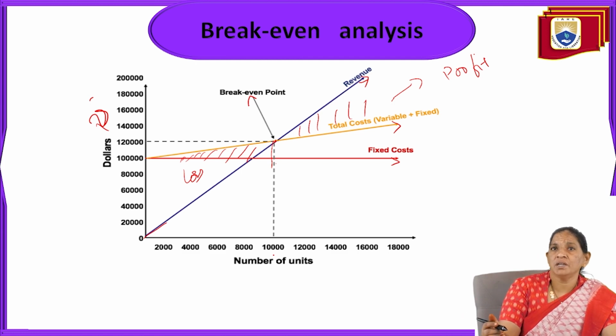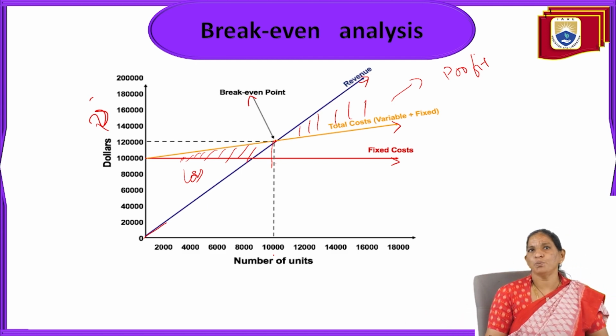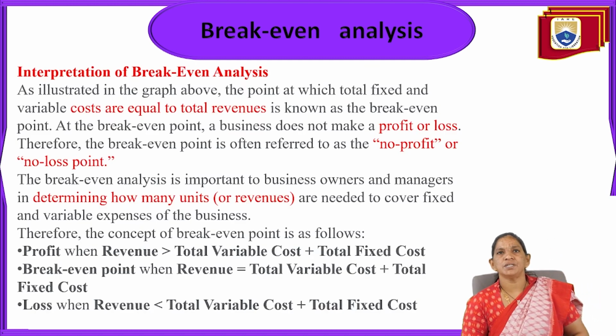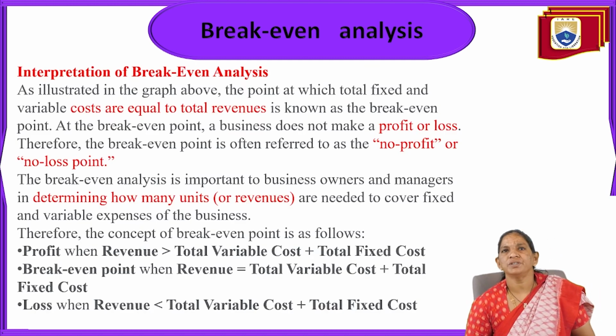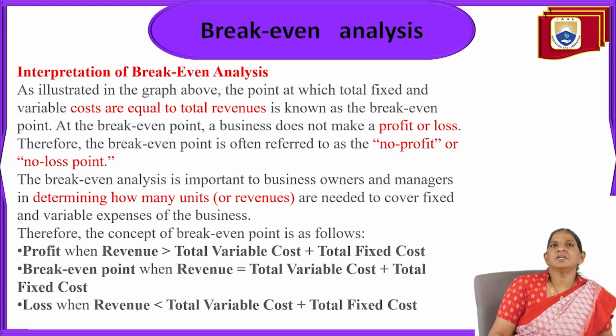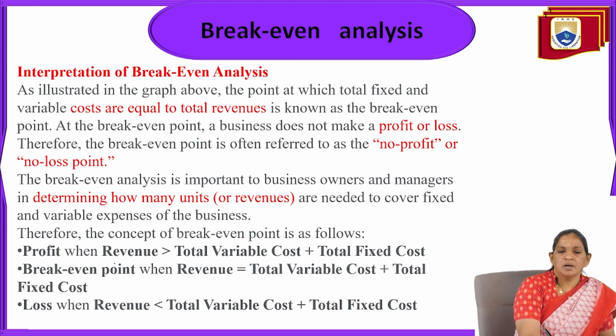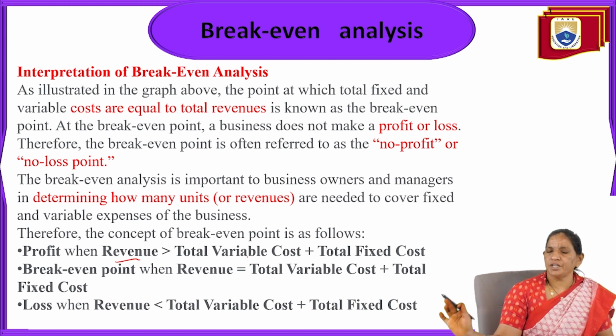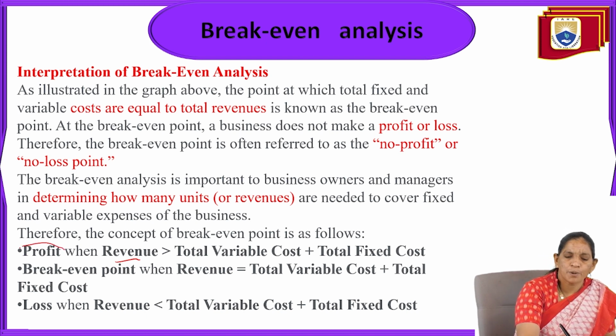Above the break even, we consider it a profit. So this is the graphical representation for the no profit and no loss point. With this representation, we can come to a conclusion with this concept: when revenue is more, based upon the total variable cost and total fixed cost, it is considered as profit.